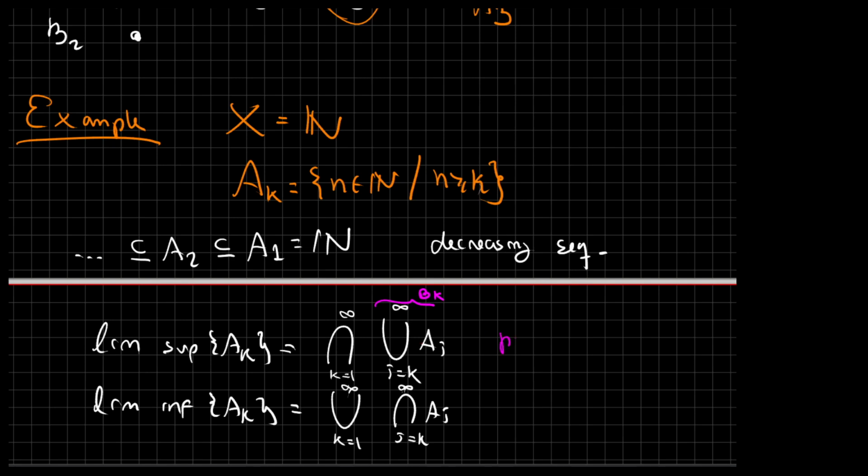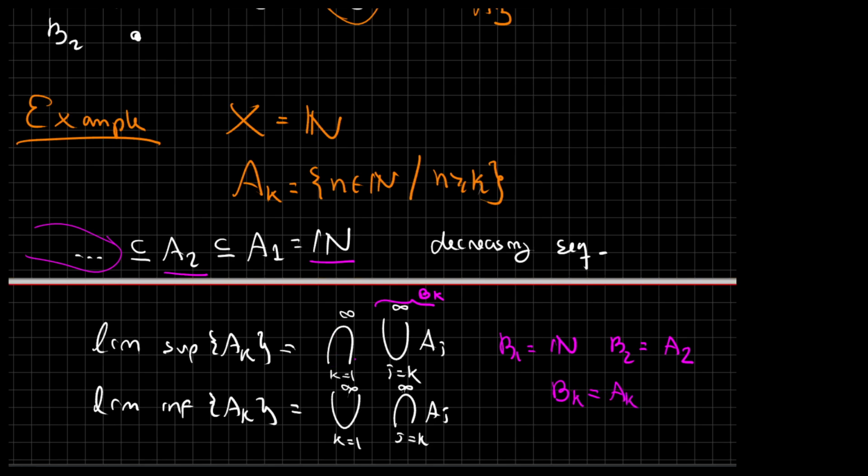So B1 will of course be the whole space. B2 will be equal to A2, because you make the union of everything starting from A2. Everything else that follows is included in A2, so the union will be A2, and so on. So for this case, B_k is equal to A_k.